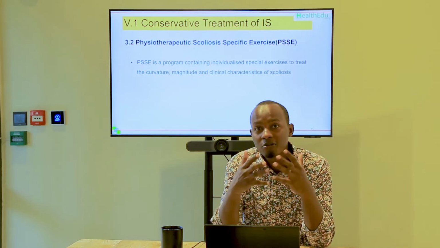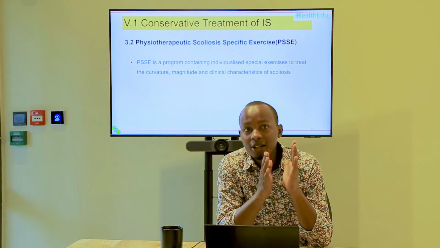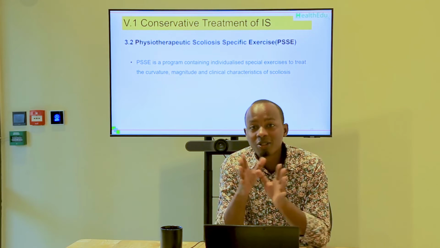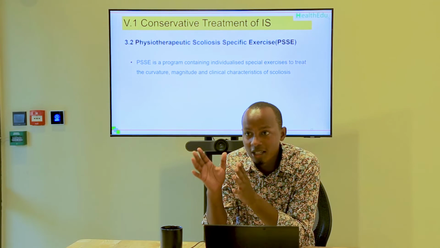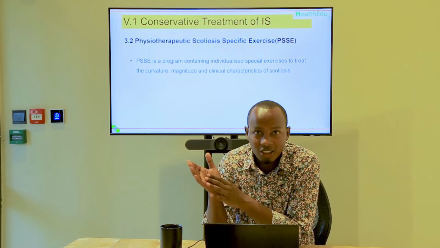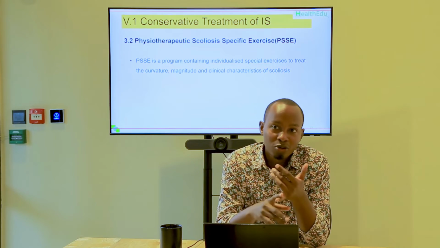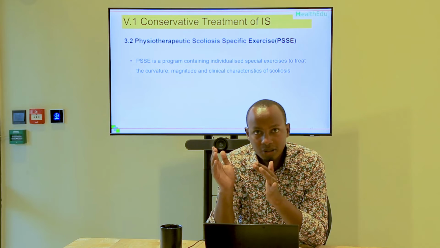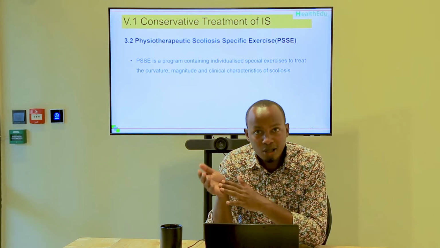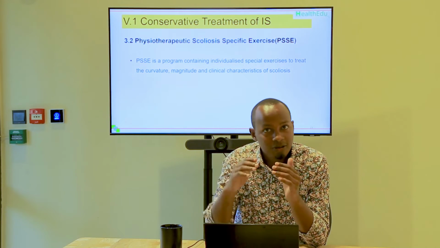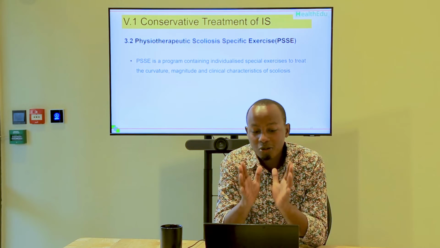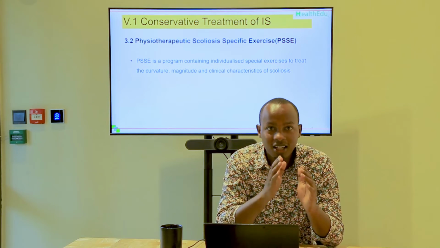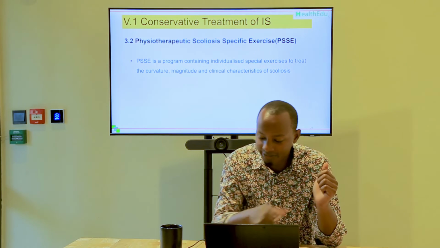So patients are provided with exercises that are related to the specific curvature they have, because one may have a single thoracic curve, another one may have double thoracolumbar, thoracic and lumbar scoliosis, and with different magnitude. So each patient has individualized exercises.